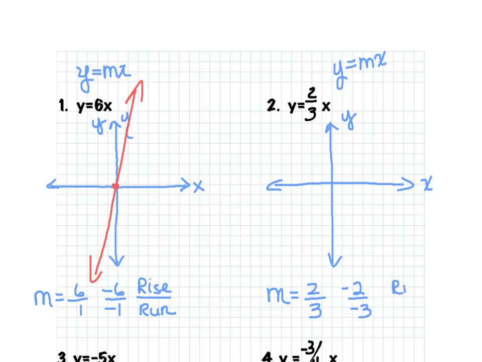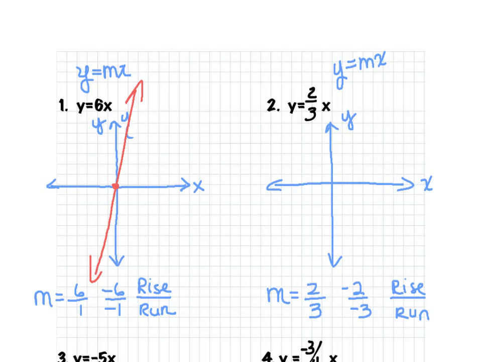Remember that it's rise over run. So to graph my line, here's what I'm going to do. I'm going to place my stylus over the origin. I'm going to rise 2, up 2, and I'm going to run positive 3, and I know I have a point there. Then I'm going to do it again in the opposite direction. I'm going to go down 2, rise negative 2, and run negative 3 to the left.